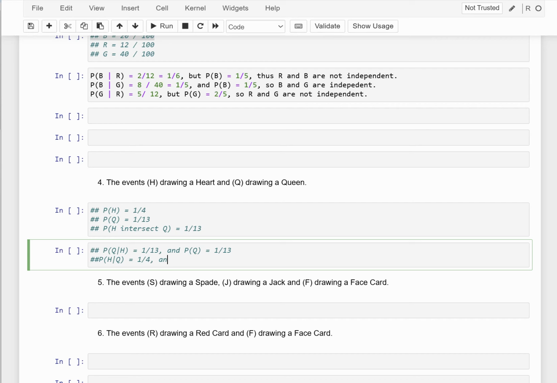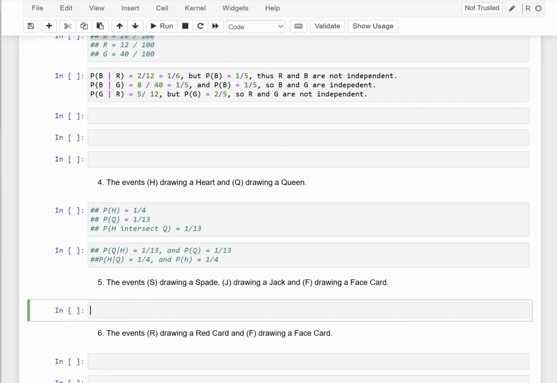But the probability of hearts, there's one suit, hearts, that has 13 cards out of 52, and 13 over 52 does reduce to 1/4. So notice that the independence works either way I try it. I can do probability of queen given heart or probability of heart given queen, and both of them show independence by the formula.